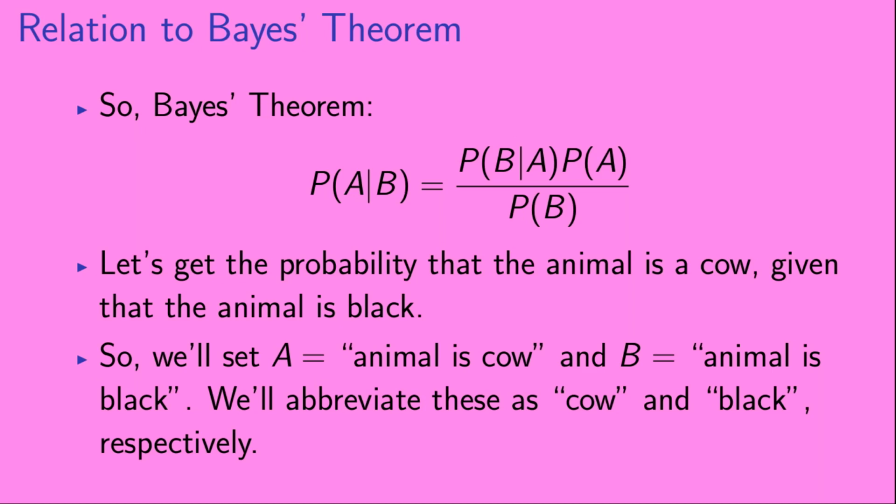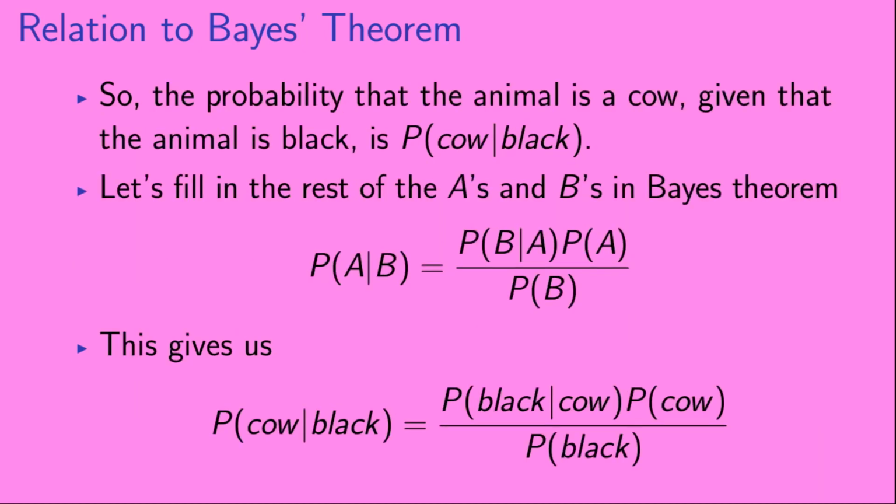We'll abbreviate these as cow and black respectively. So the probability that the animal is a cow given that the animal is black is written as P of cow given black. Let's fill in the rest of the A's and B's in Bayes' theorem. So that gives us that P of cow given black equals P of black given cow times P of cow divided by P of black.